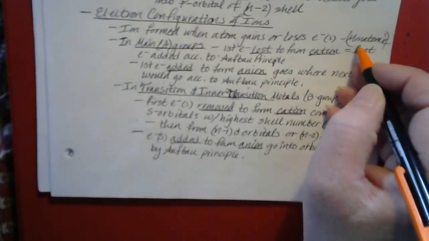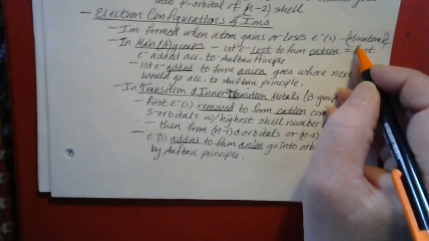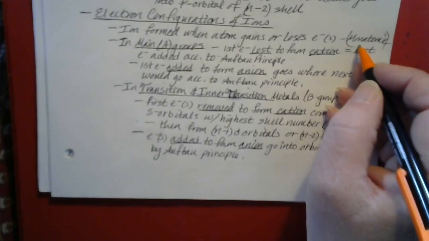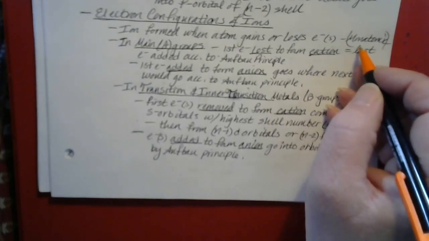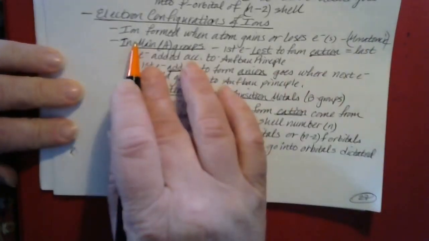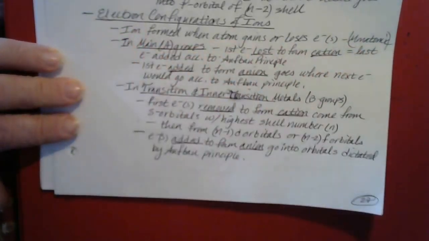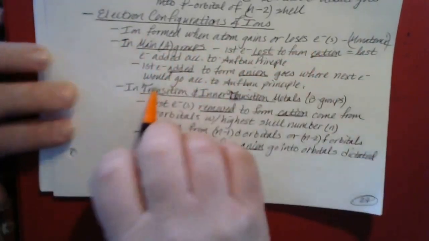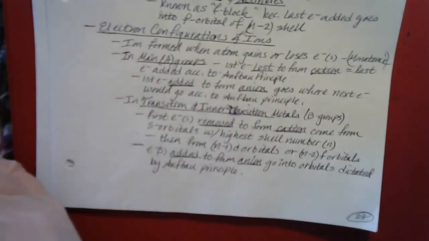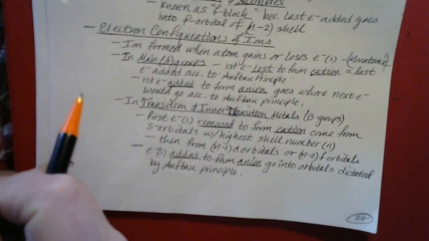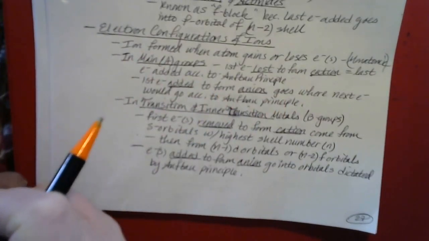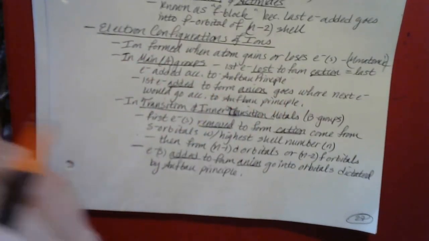But we're concerned here mostly with monatomic ions because we don't normally do electron configurations for polyatomic ions. All right, so we'll consider an ion for our purposes in this chapter as being an atom that gains or loses electrons. If an atom gains electrons, it becomes an anion with a negative charge. If an atom loses electrons, it will become a cation with a positive charge.